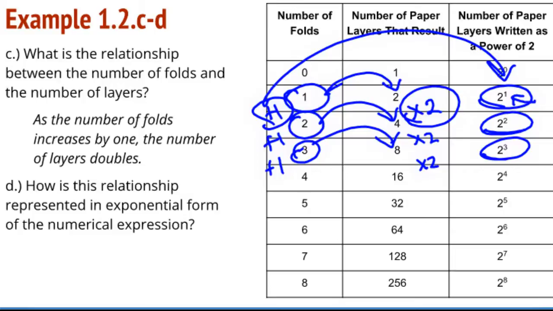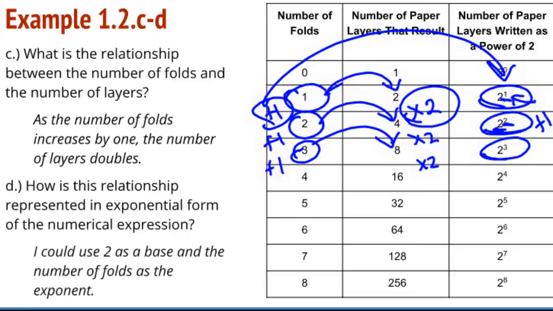So plus 1 here: we've got an exponent of 1, we've got an exponent of 2. So we added 1, but 1 of what? 1 of a times 2. So we could use 2 as the base, because that's our doubling. And we add 1 to the exponent, because that's to double it 1 more time.